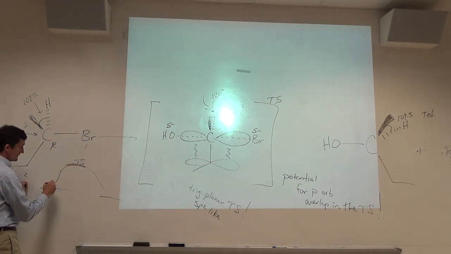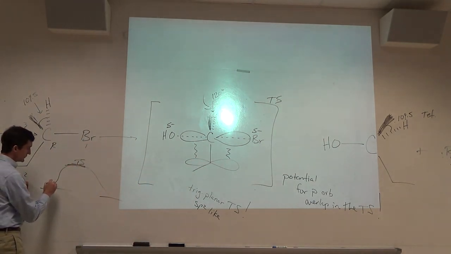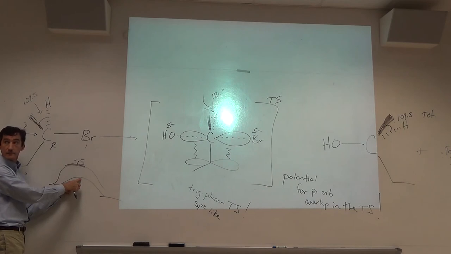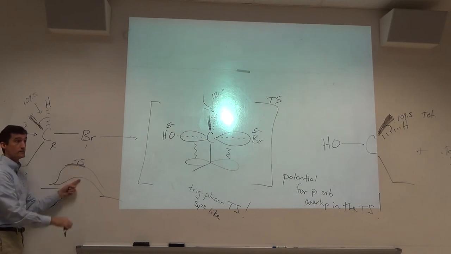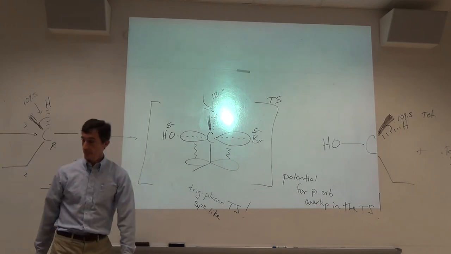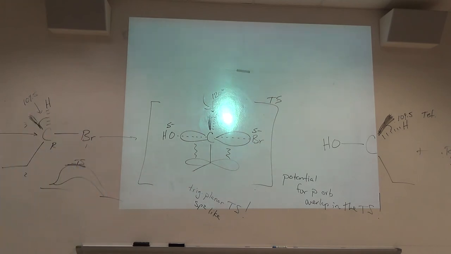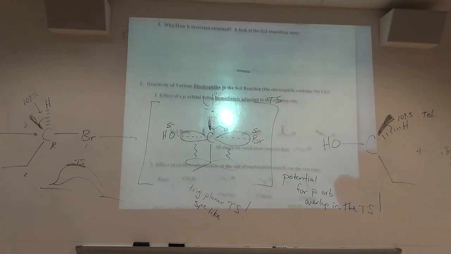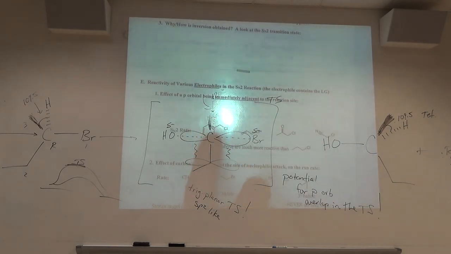Drop this energy down. Don't draw this, I'm just going to do it quickly. If you drop this energy down compared to here, is that going to make the reaction faster? Yes. Okay? So having a p orbital next door will lower the transition state energy.